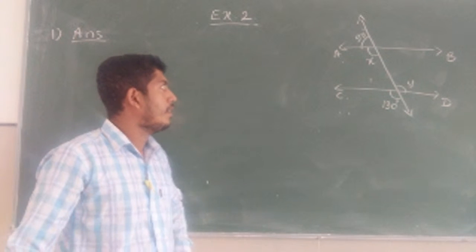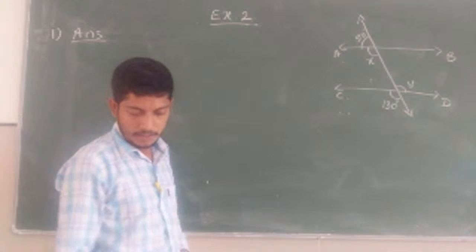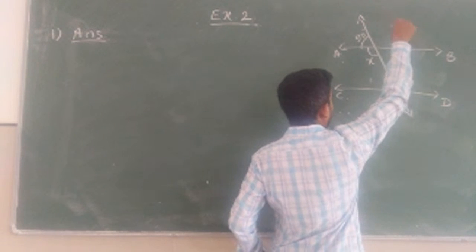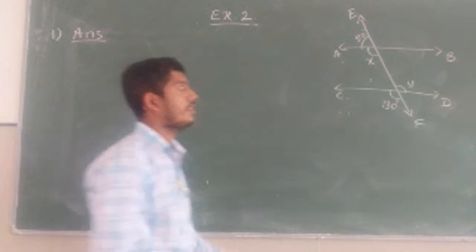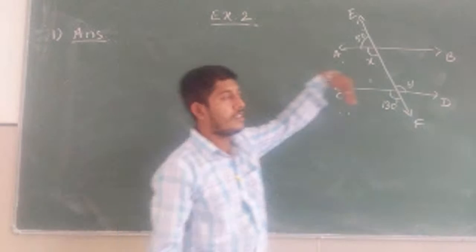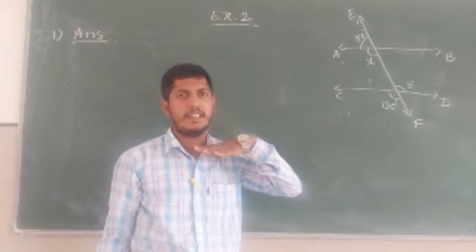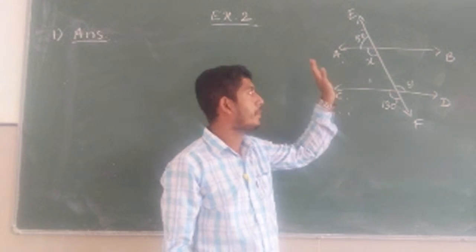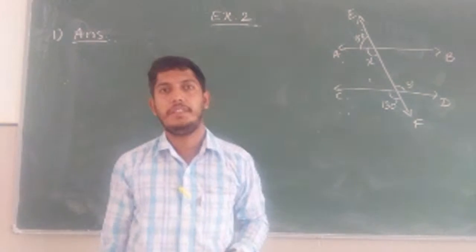First, I'll give the names as E and F. I'll consider the transversal. Transversal means it cuts the lines. So EF is my transversal which cuts lines AB and CD.